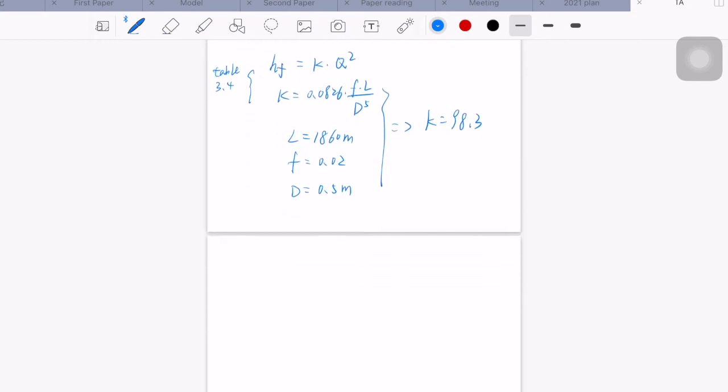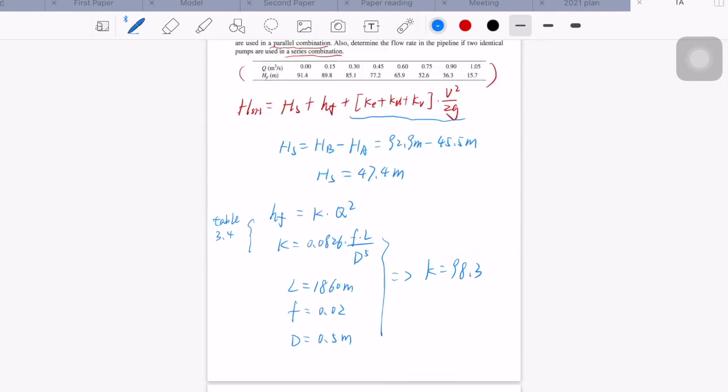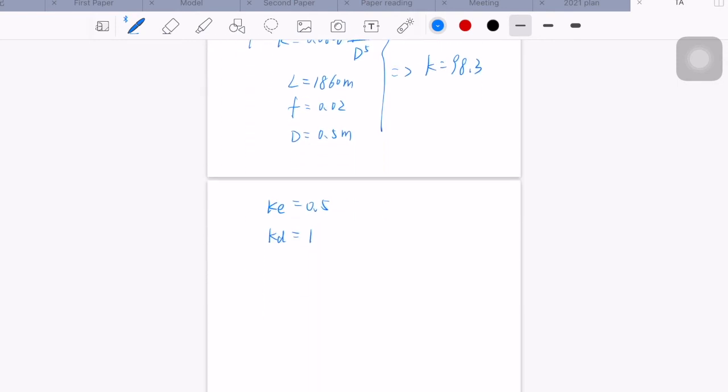And for the minor losses, we assume the inlet is the square edge type, so the KE, the coefficient of entries, equals 0.5, and the KD equals 1. And the problem also told us the valve is a swing type check valve. So from the textbook, we know the KV equals 2.5. And now we know the KE plus KD plus the KV equals 4.